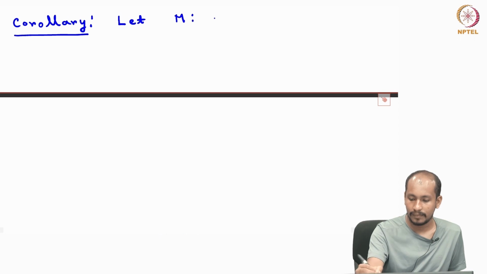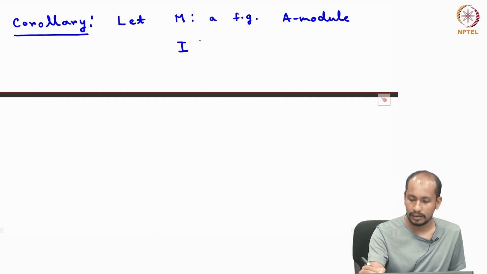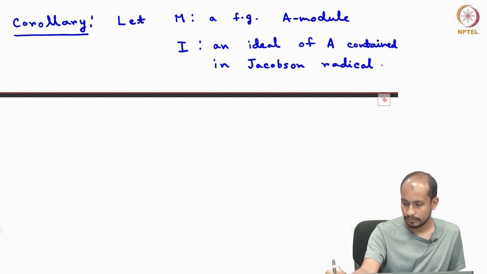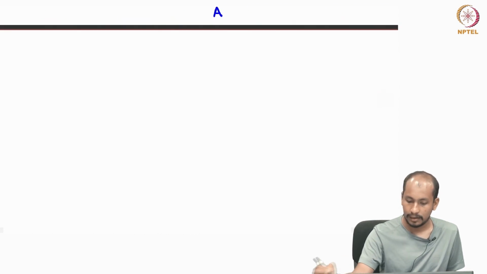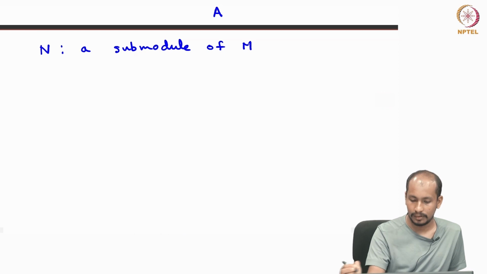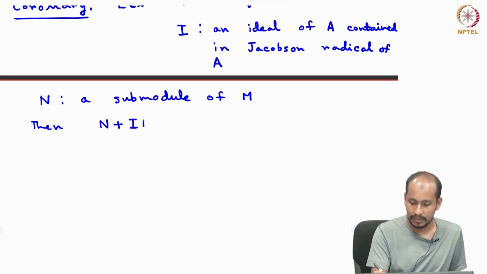Let M be a finitely generated A module, I an ideal of A contained in the Jacobson radical of A, and N a submodule of M. Okay, then N plus I times M equals M. This implies that N equals M.